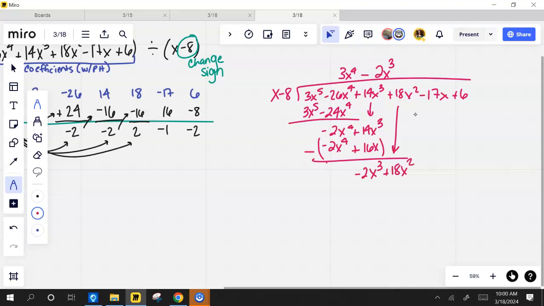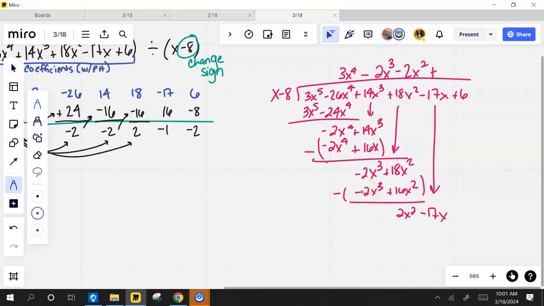What do I need up top now? X times what gives me negative 2x cubed? Negative 2x squared. That gives me 2x squared. Do you see how long this is taking me? Not that long.